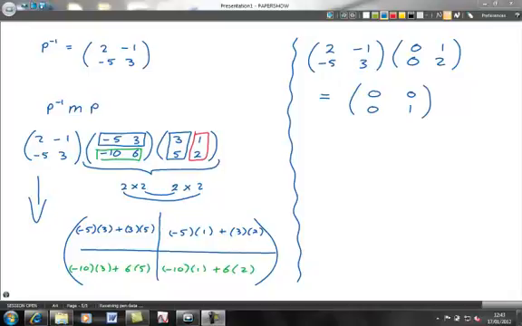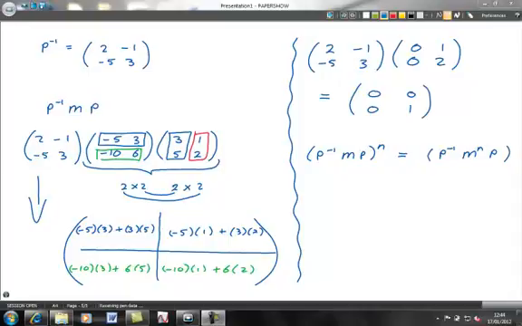Next thing you are asked to evaluate is (P inverse MP) all to the power of n. Now again, this is one of the properties that you have seen, and you saw that earlier on, and that might be your first instinct.